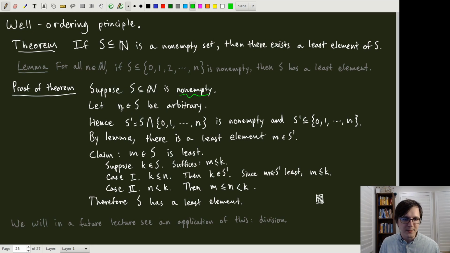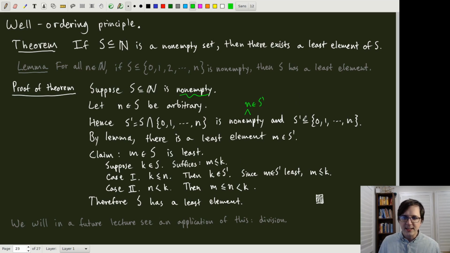So let n be one of those elements in S. Then let S prime, like in the lemma, be S intersected with the first n plus 1 natural numbers. Because n is in S and n is also in the second set, we know that n is in S prime, so that's why it's non-empty.